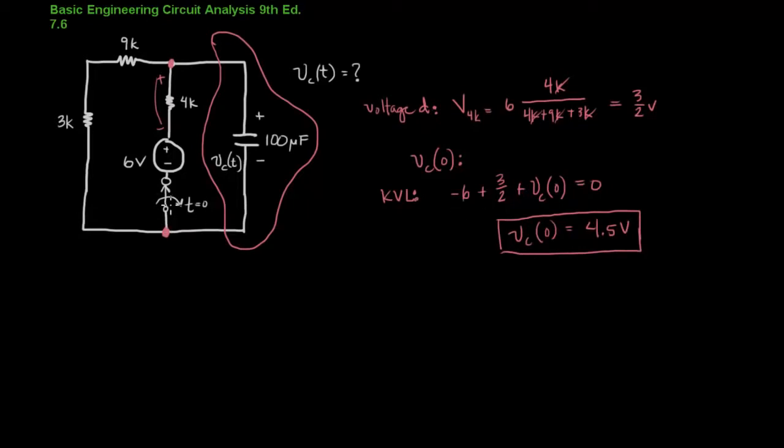Okay, so now what we want to do is solve the circuit once the switch is open. So when we open the switch, let's take a look at that. When we open the switch, this whole area becomes open.